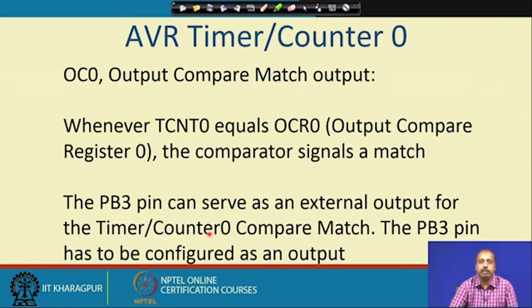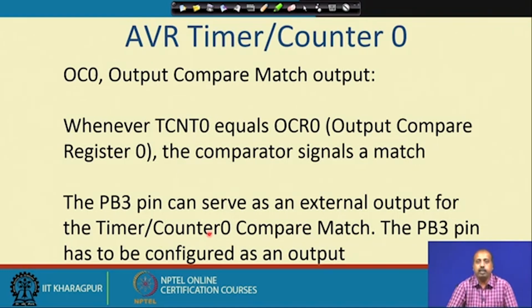Internally the timer is doing something, and if you want to detect some particular point of occurrence, you can put the desired time value in the OCR register, and then you can observe this OC0 pin. Whenever the timer value matches that OCR0 register, the timer counter 0 compare match output will be made high.